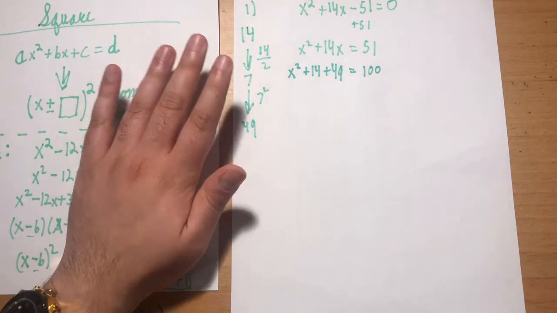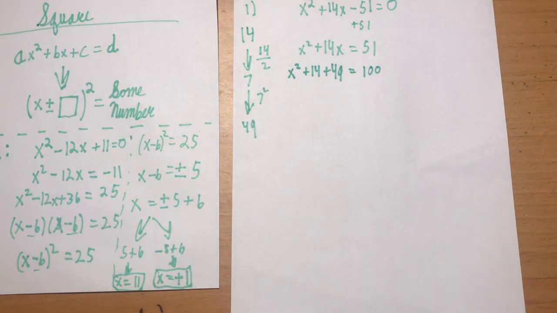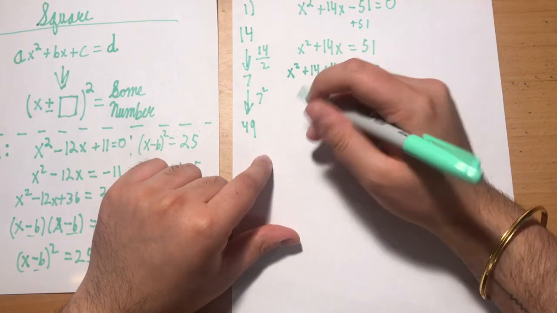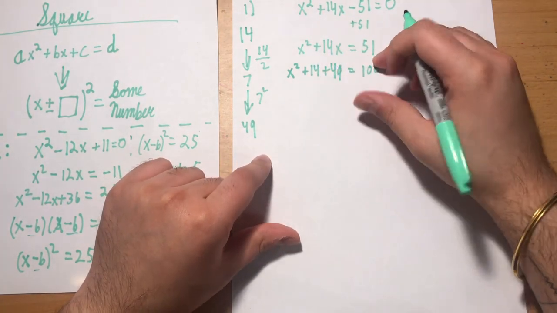Okay? So now we need to figure out how to get it into perfect squared form. So like I said, you can normally skip that middle part that I went to and go right to this. I'm going to leave a little room because I'm going to write the middle part in after.